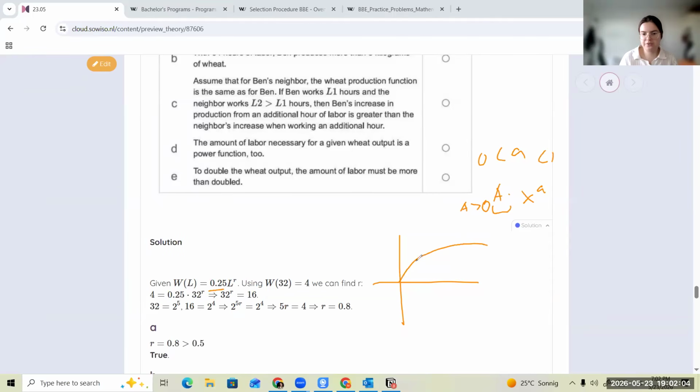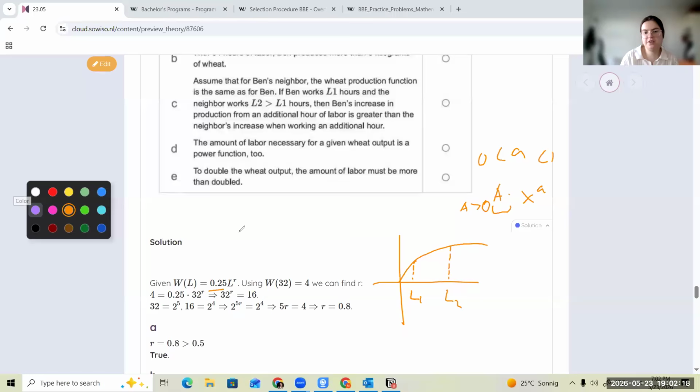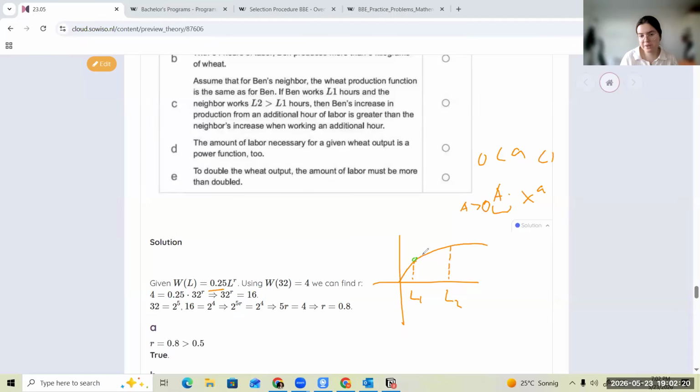And here we have L1, and here we have L2. So here, the marginal increase in labor, the marginal increase in anything, is just the first derivative, and the first derivative is the slope of the tangent line. Here and here. Here it is flatter, and this is steeper compared to the other thing.